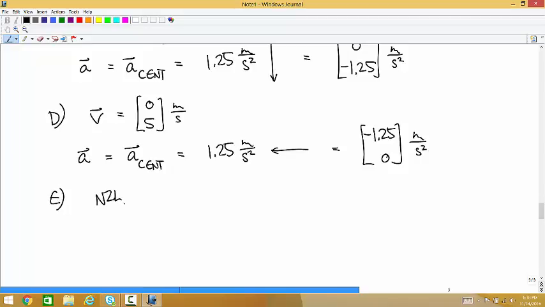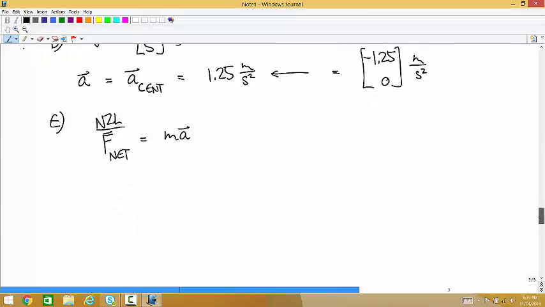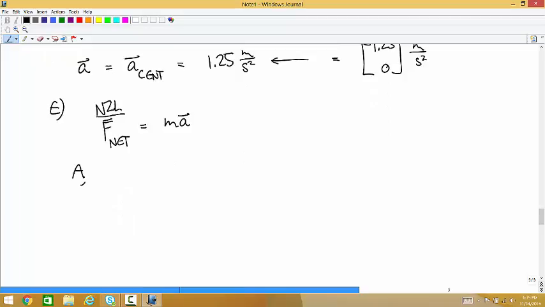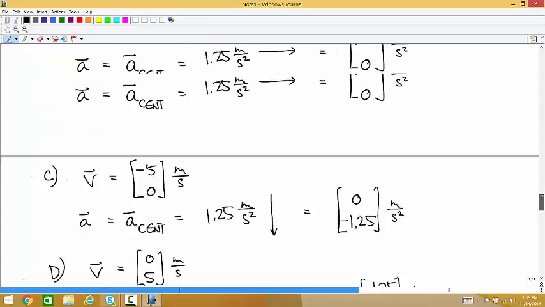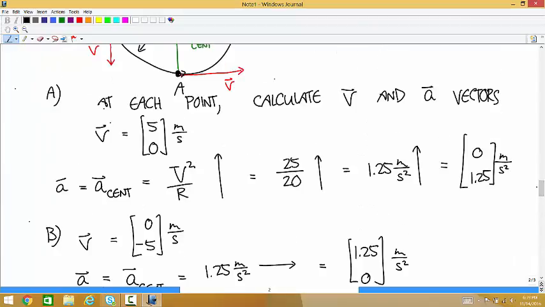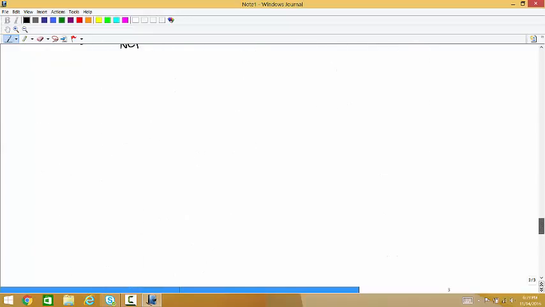Newton's second law says F net is equal to the mass of the object times its acceleration. So for the point A, F net is 100 times the acceleration from A, 0, 1.25.